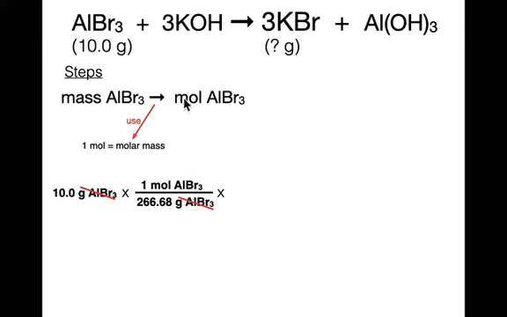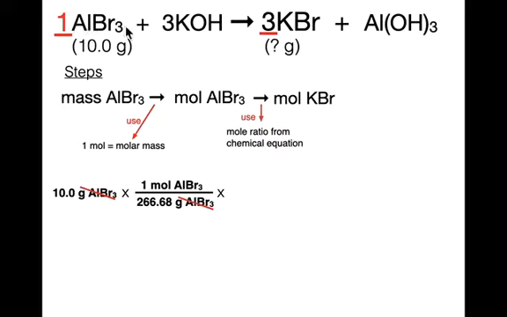Okay. The next step, we need to convert the moles of aluminum bromide to moles of potassium bromide. To do that, we'll be using the mole ratio from the chemical equation. Now the mole ratio from the chemical equation is the coefficients. So in this reaction, for every 1 mole of aluminum bromide, we will make 3 moles of potassium bromide.